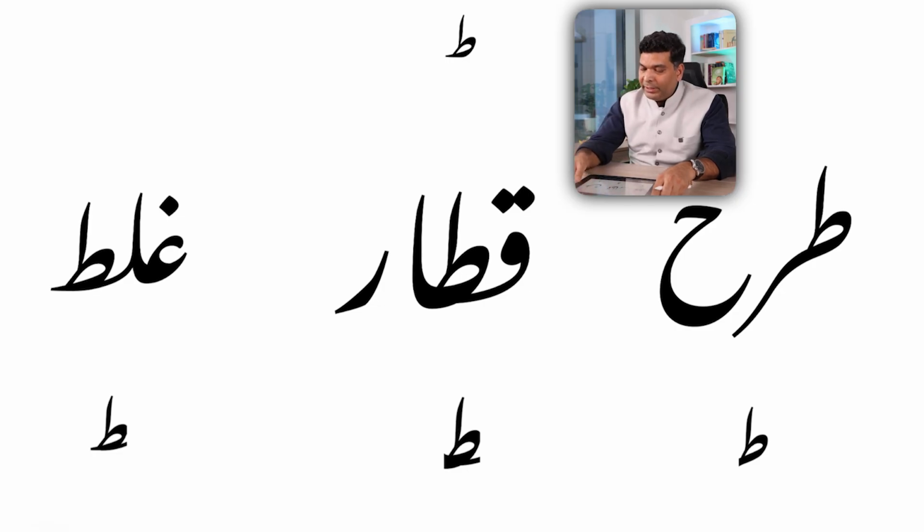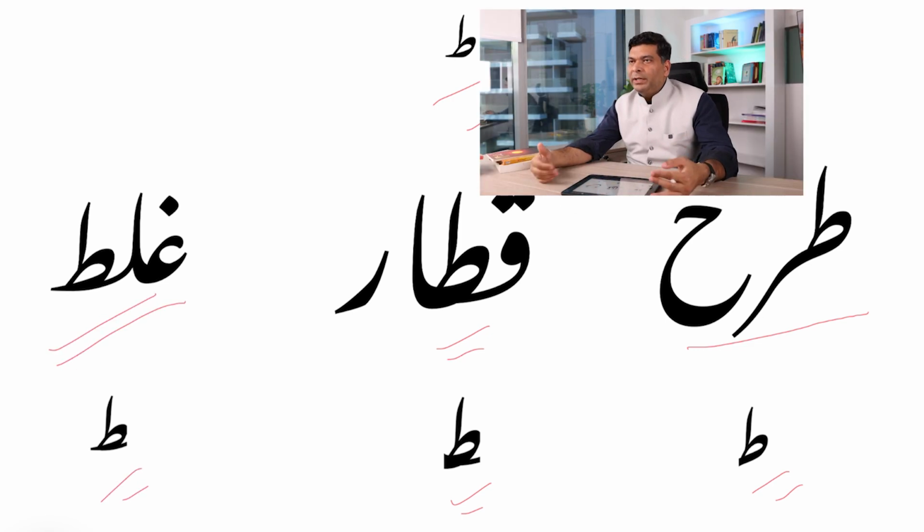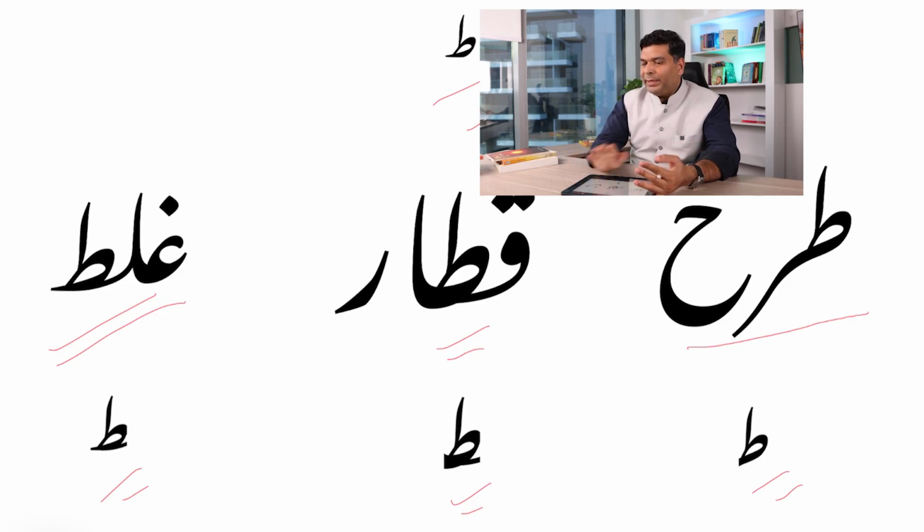For example, the first word is called Tarah. In Tarah, Toy retains its original shape. The second word is Qatar. In Qatar, Toy retains its original shape. The third word is Ghalat, and Toy retains its original shape. So Toy follows the logic of the Dal group or Re group or Alif by maintaining its shape in the beginning, in the middle, and in the end.